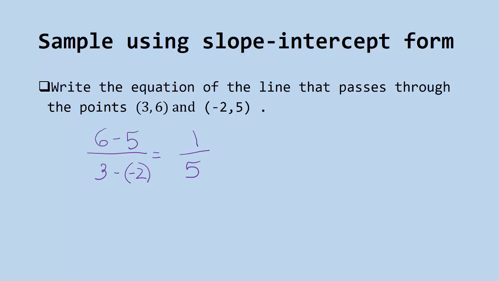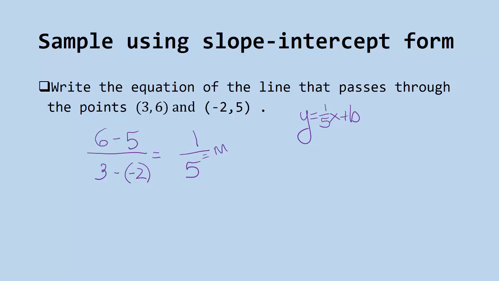So now that I've got my slope, I need the y-intercept. Now using the slope-intercept form, I can plug in my slope for m, but I want to solve for b. So instead, I'm going to take the y and the x, and I'm going to substitute in one of my 2 points.